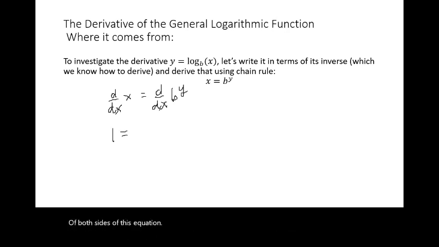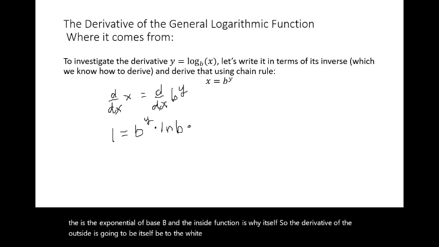Derivative of b to the y with respect to x requires chain rule. The outside function is the exponential of base b, and the inside function is y itself. So the derivative of the outside is going to be itself, b to the y, times natural log of b, times derivative of the inside, which is dy dx.